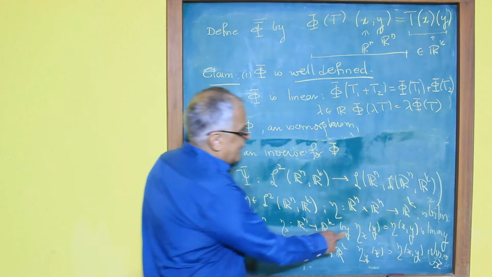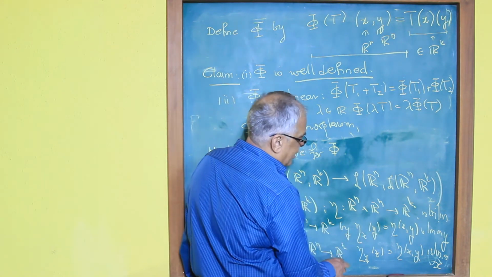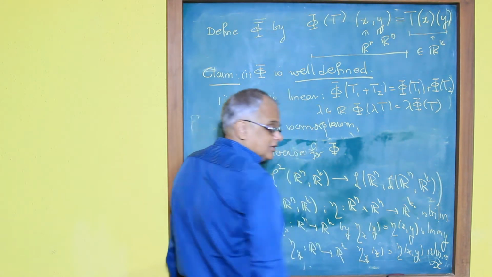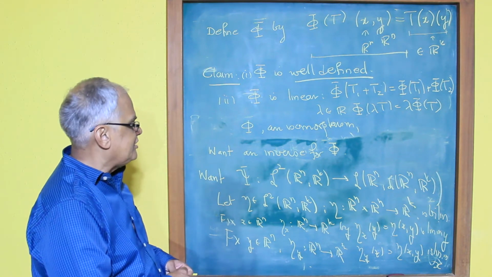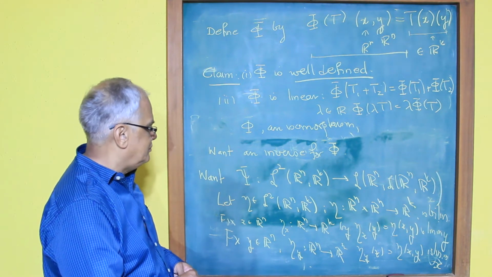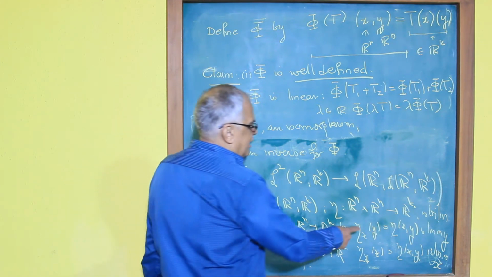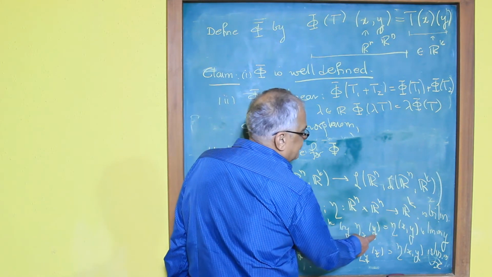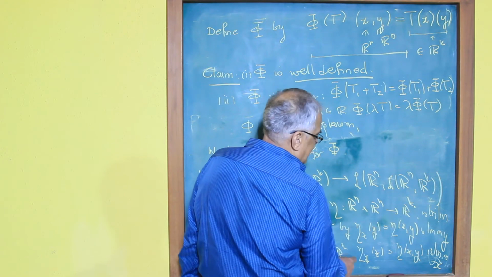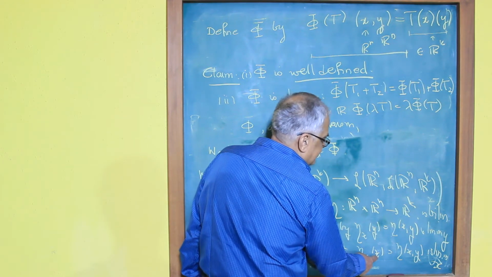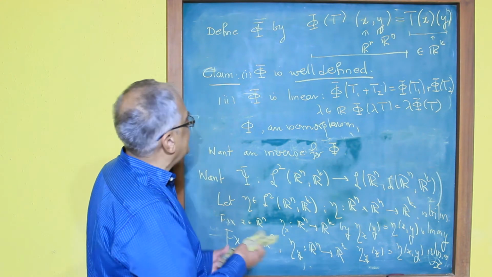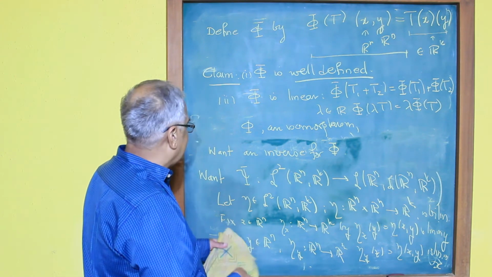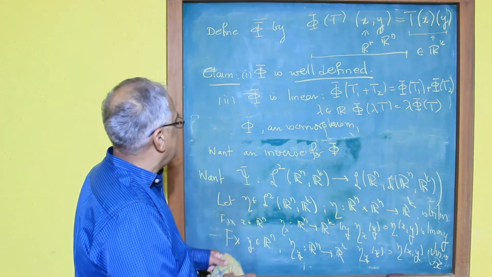Here x is fixed, it's a function of y. Here y is fixed, it's a function of x. This is precisely the statement that if you fix your x, eta sub x of y is linear in y, and if you fix your y, eta sub y of x, which is eta of x, y, is linear in x. Therefore, I can define psi of eta.